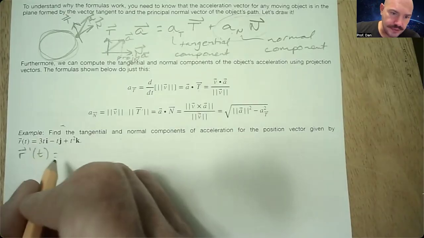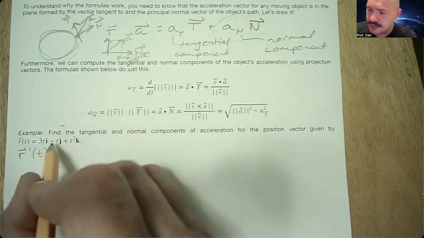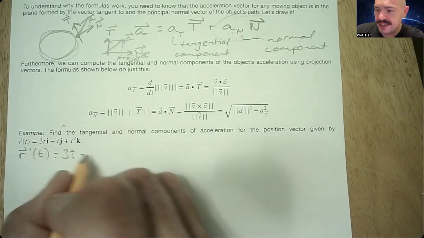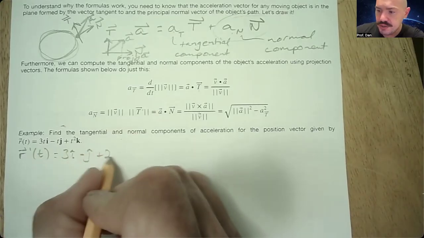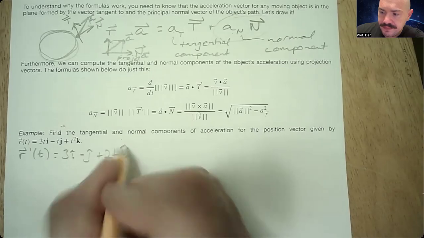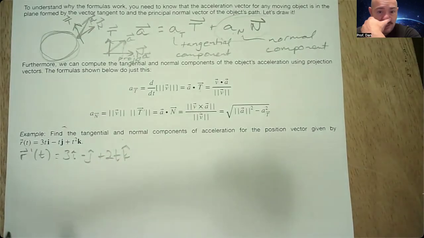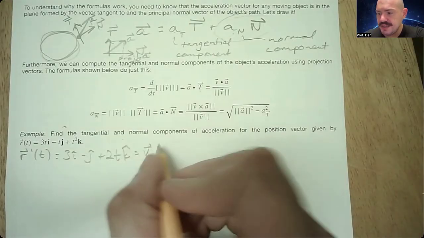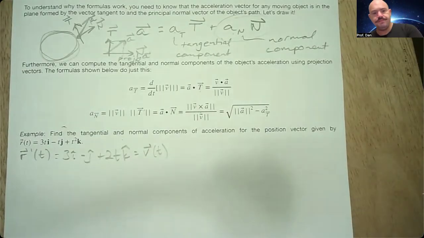If I take the first derivative of r, we can go component-wise. That's going to give me 3i minus j plus 2tk. Now that I have that, I'm going to label this as my velocity vector, v of t.